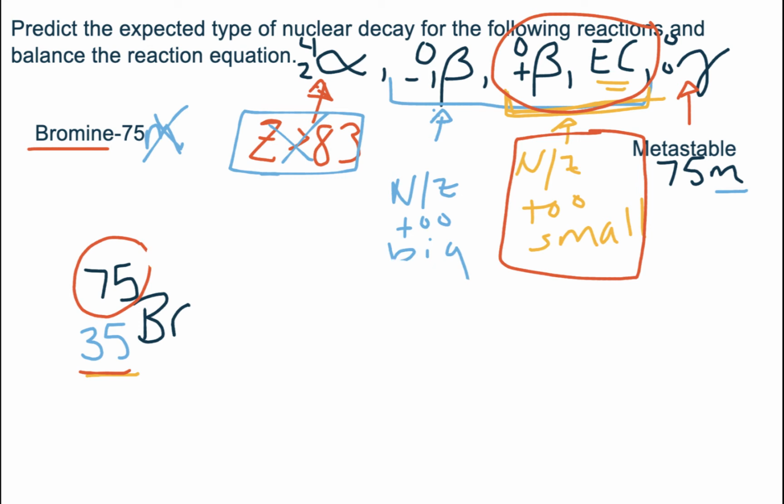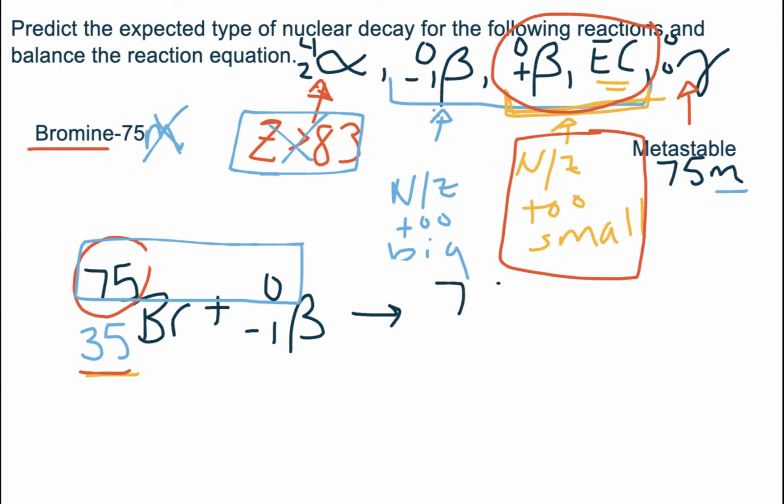So with this, let's start with an electron capture. So that means that the bromine atom is actually going to take an electron from its innermost energy level of electrons. So that means the electron is actually part of the reactant side of the equation. So we've written our electron here, and then we just have to balance these so that they're the same. So on the top, we have a total mass of 75, meaning over here we need a total mass of 75.